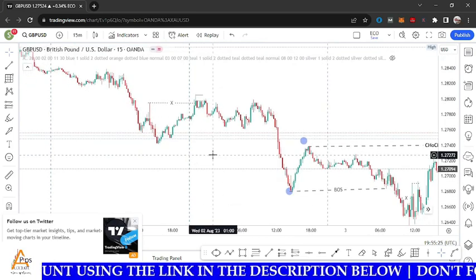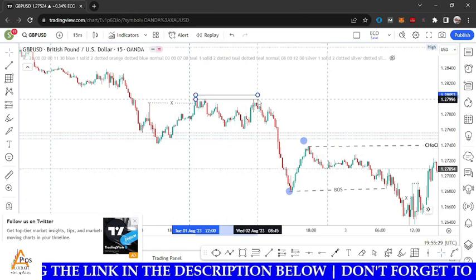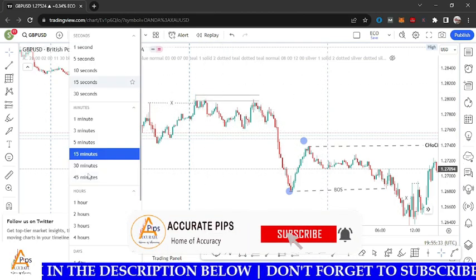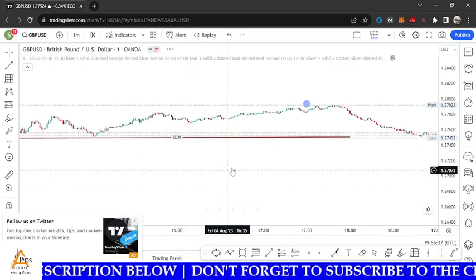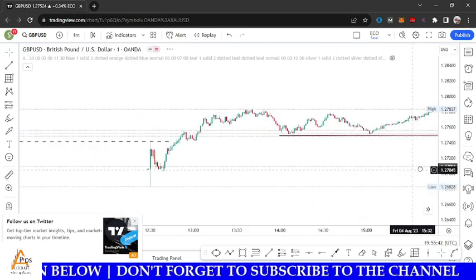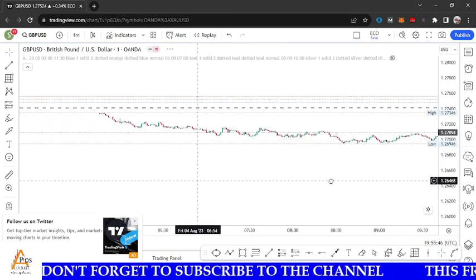We are in a downtrend, so we'll be looking to sell. All right, so now let's shift this onto 1 minute. Okay, so let me look for that session.